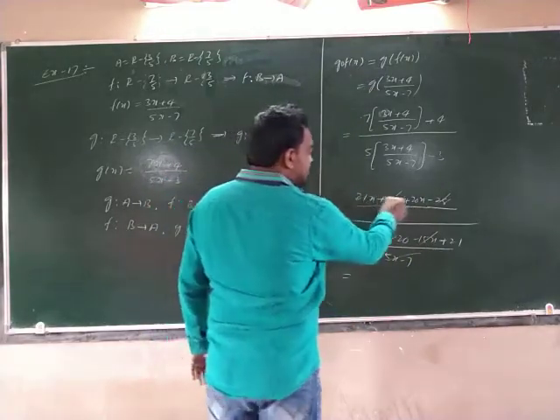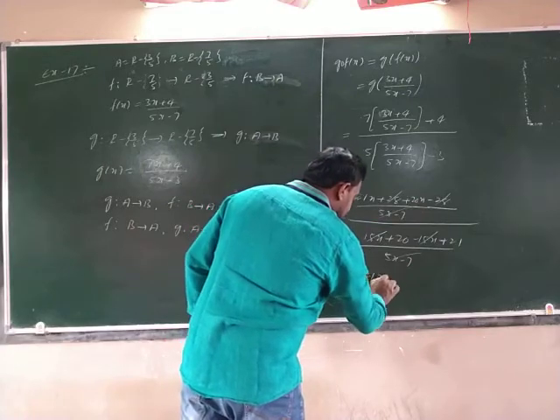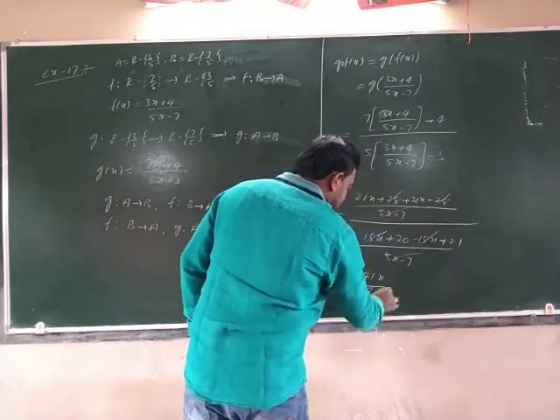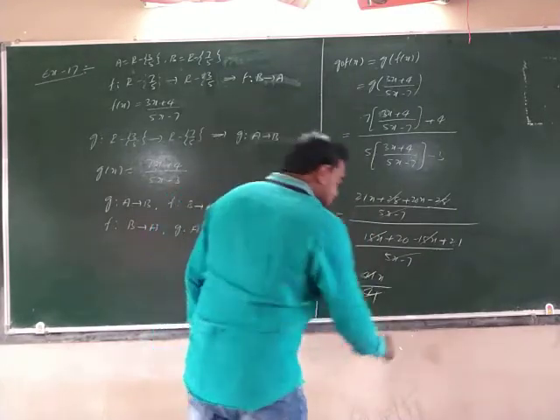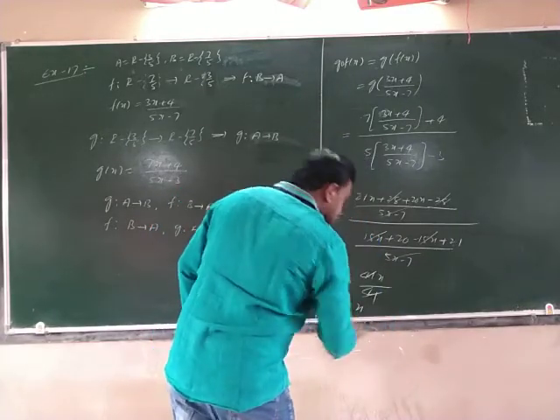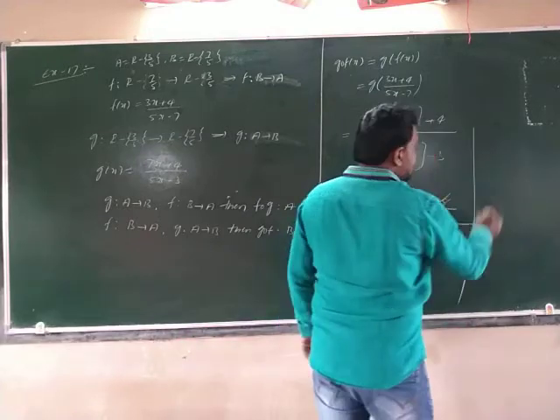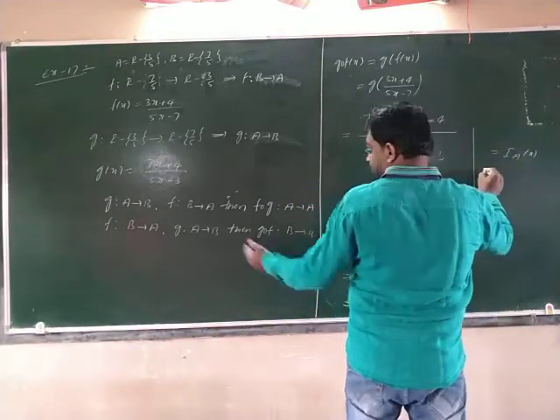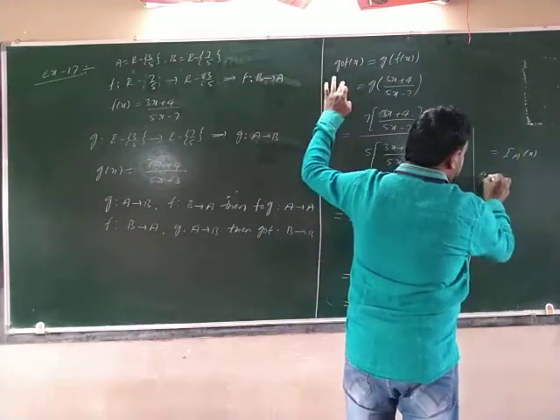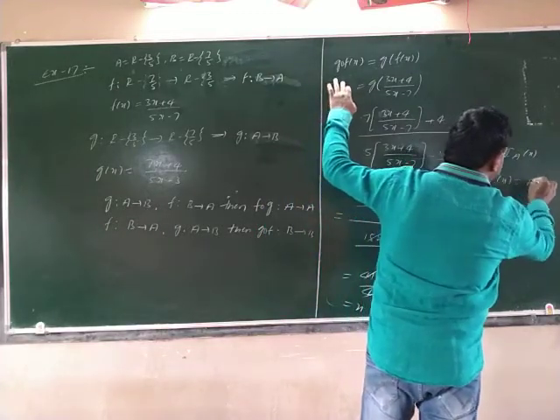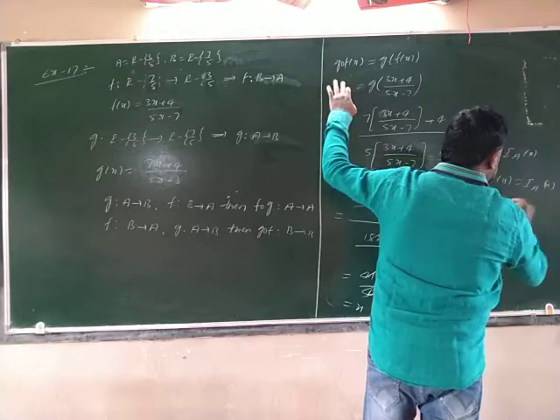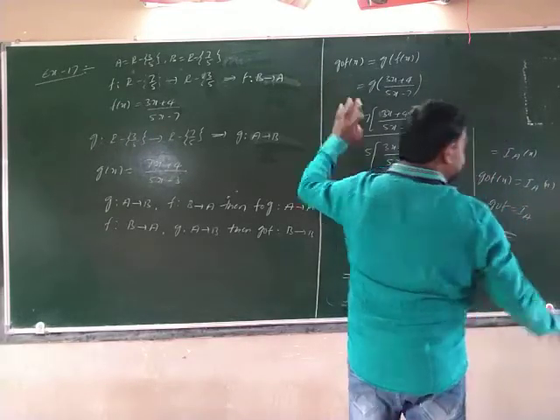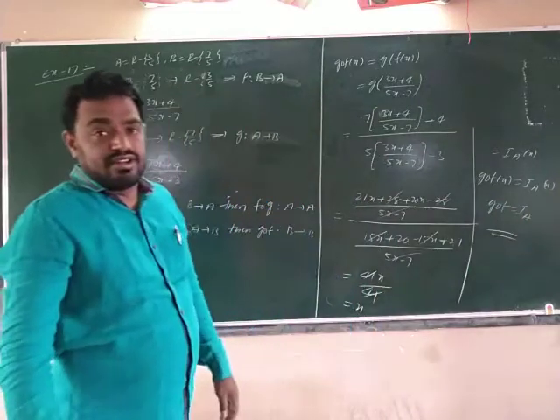Remaining 21x plus 20x, that is 41x, divided by 20 plus 21, 41 gets cancelled. This equals x. Now x is equal to what I am writing, the identity function I_A of x. Therefore g circle f of x equals I_A of x, so g circle f equals I_A. This is our answer, right?